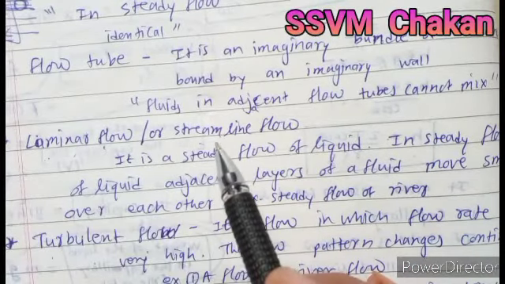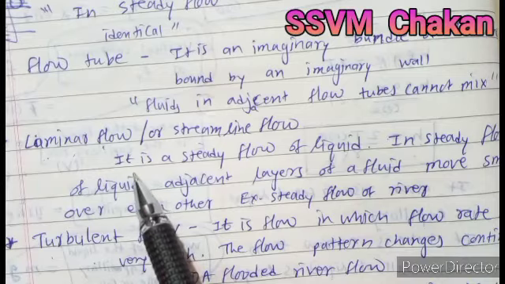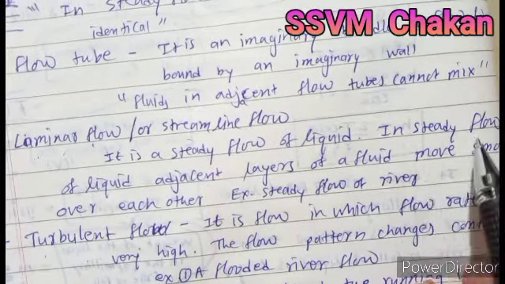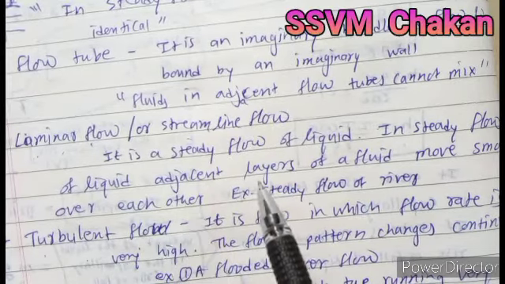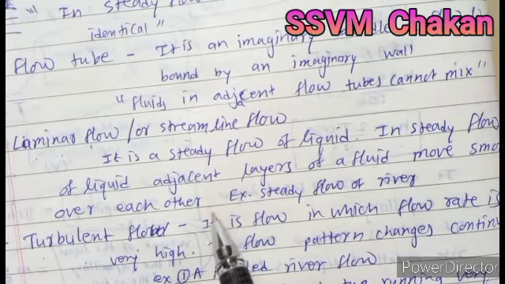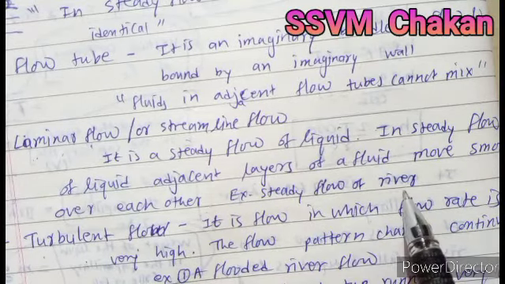Laminar flow, or streamline flow. It is a steady flow of a liquid. In a steady flow of liquid, adjacent layers of a fluid move smoothly over the other. Example: steady flow of a river.